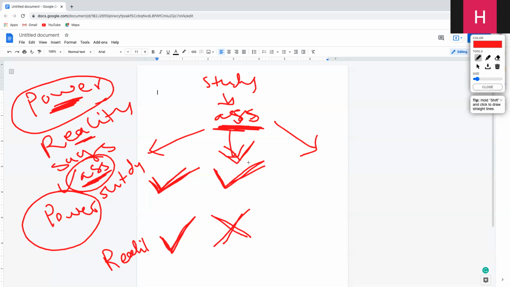So what is this? This is type 1 error. The 1 means the first letter, which is alpha. This is type 1 error.